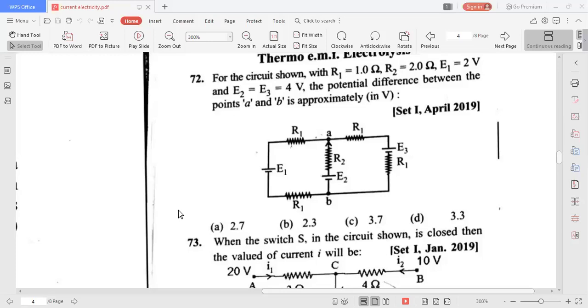Now, problem number 72. Okay, all of you look at the board.